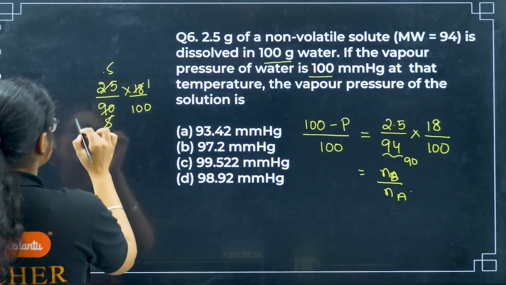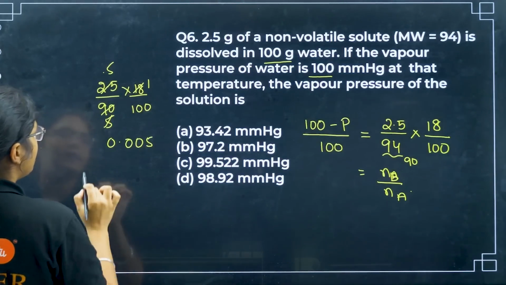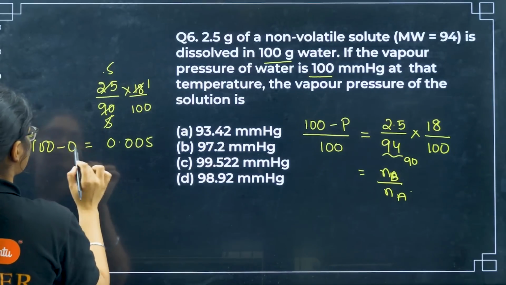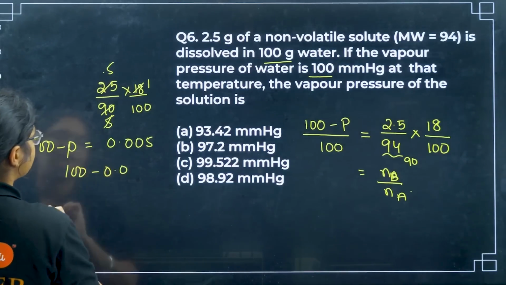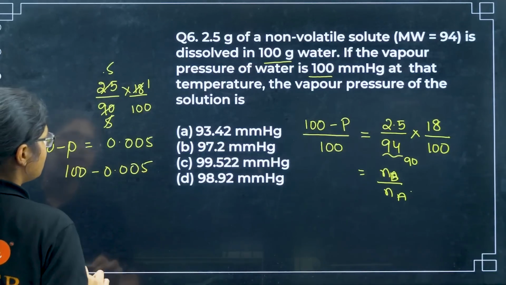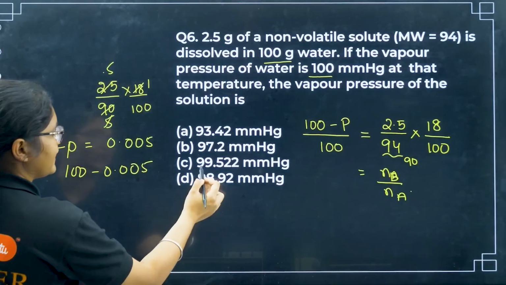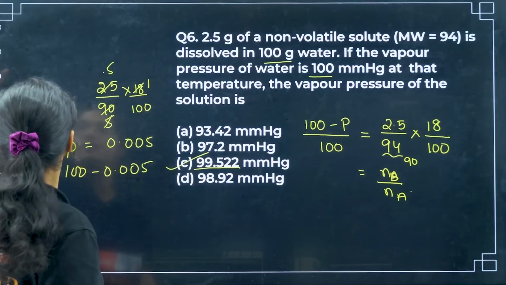And then this side I can write it as 0.005, right? And this side I have 100 minus p. So 100 minus p, 0.005, that will be somewhere around 99 point something, right? So I know 99 point something, I have only one option, so option number C here, okay?